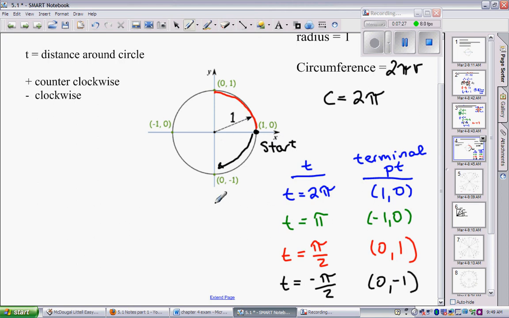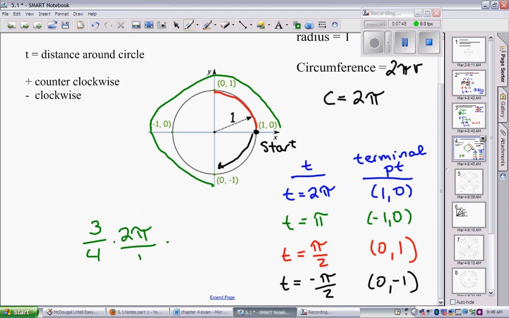So it was negative pi over 2. If we had gone the positive direction, we went 1/4, 2/4, 3/4 to get to that spot. So we did 3/4 of 2 pi. Put it over 1, goes to 6 pi over 4, which reduces down to 3 pi over 2. So negative pi over 2 is the same as the positive 3 pi over 2.